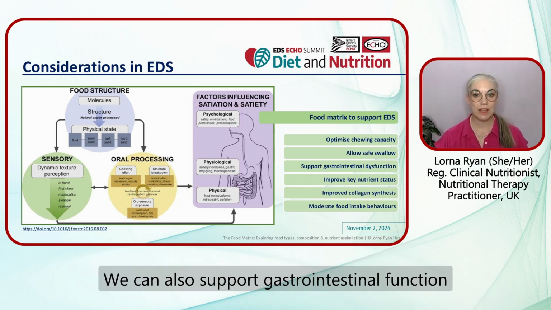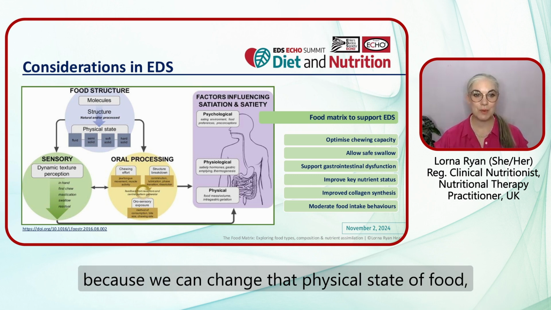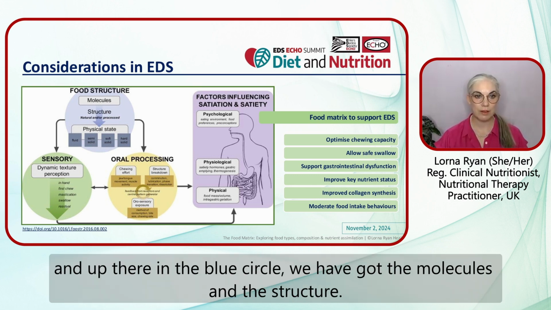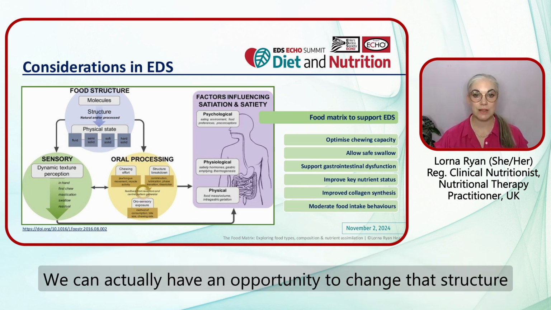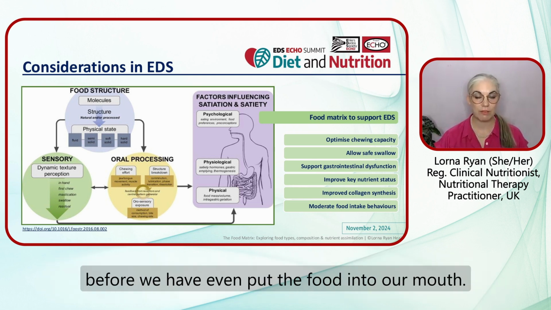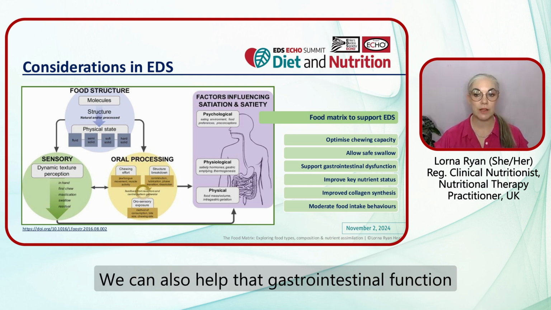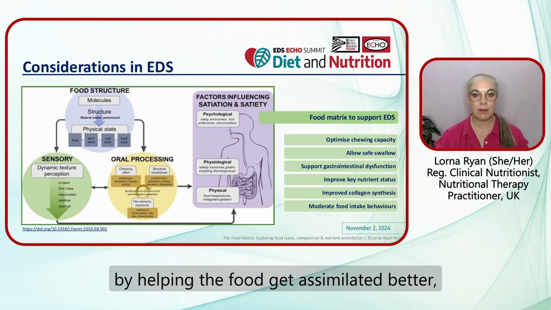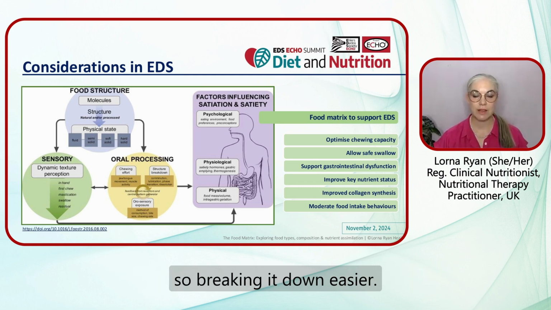We can also support gastrointestinal function because we can change the physical state of food. And up there in the blue circle, we've got the molecules and the structure. So we have an opportunity to change that structure before we've even put the food into our mouth. We can also help gastrointestinal function by helping the food get assimilated better, so breaking it down easier.